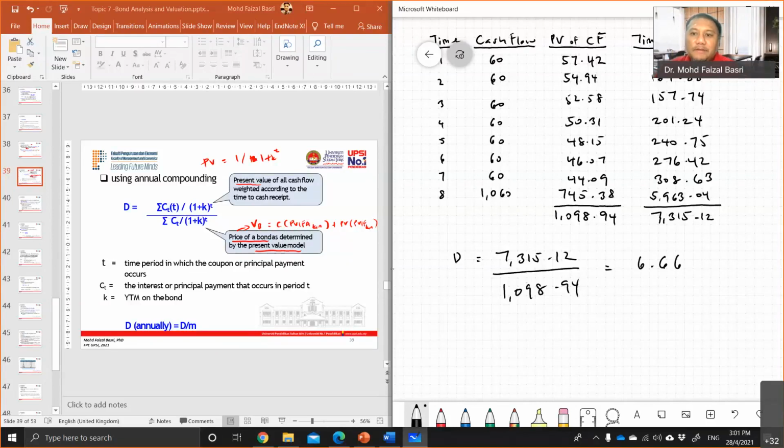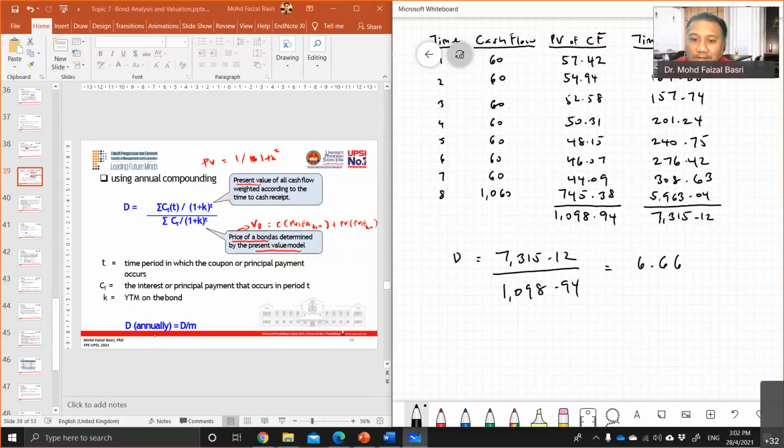Remember, we are doing this based on semi-annual. But for duration, if you look at the bottom here, we need to find the D back in annual terms. This initial D that we find here, 6.66, refers to the semi-annual duration.